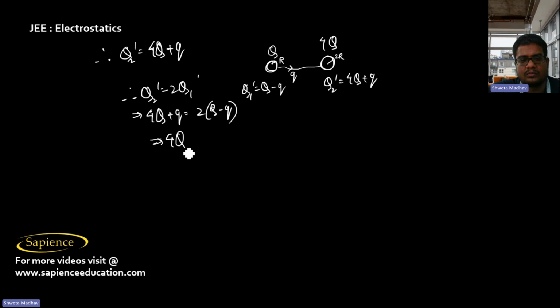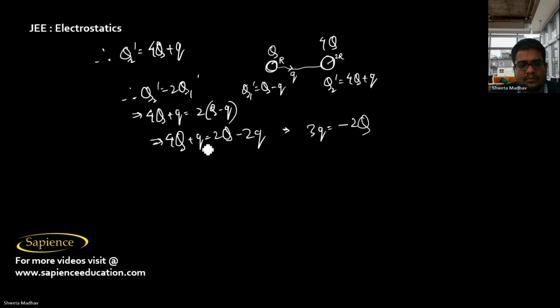Therefore 4q plus Q equals 2q minus 2Q, so 3Q equals minus 2q, Q equals minus 2q by 3. It means that a charge of 2q by 3 has flown from the larger sphere to the smaller sphere.